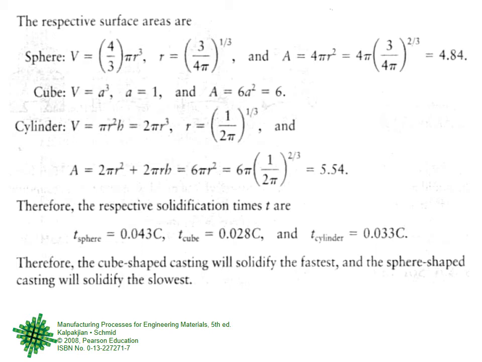You have done it so many times in geometry at the school level and at the university level, and these are very standard shapes: cube, sphere, cylinder. So you should know how to calculate their areas and volumes. If you do, then any of these problems will be nothing, right?